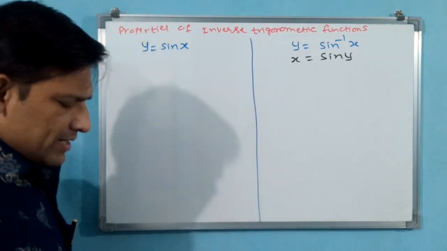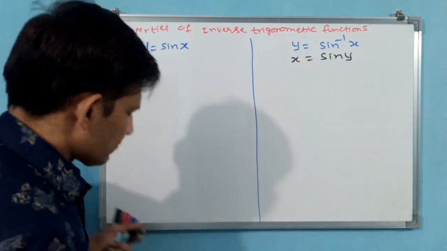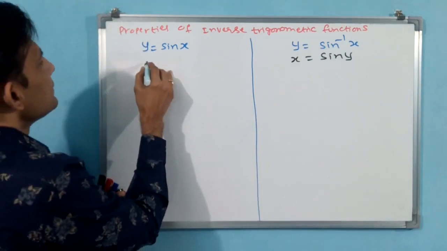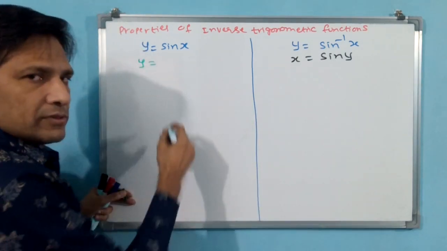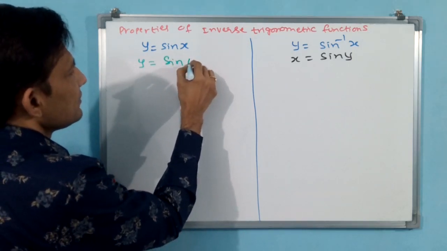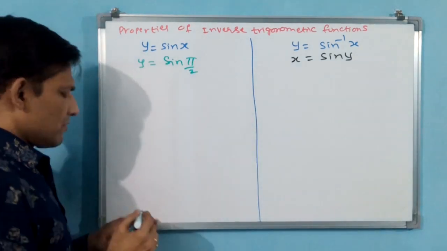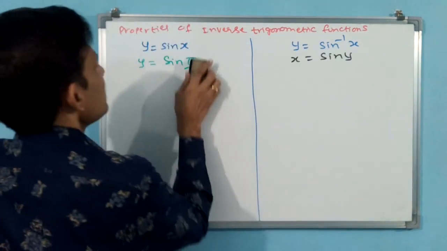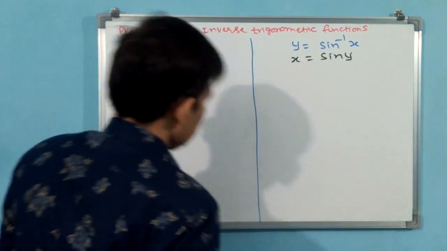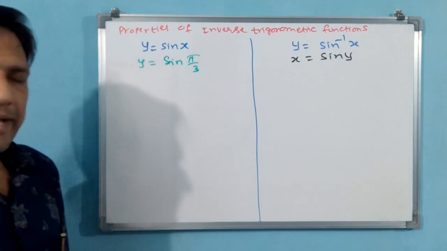Now to understand, see how I am writing. Say y is equal to sin 90. I write like this, sin 1 by 2. Or else I don't take pi, I take pi by 3. Sin pi by 3.